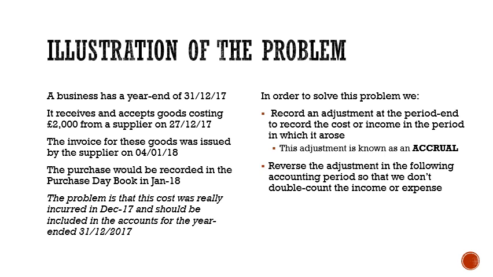If we don't do that, what will happen is that we'll end up double counting this cost, because we'll have included it in the year ended 31st of December 2017 via this accrual, but we'd also record it again via the purchase day book where the invoice is recorded in 2018. So hopefully that has illustrated the problem and the general way in which we're going to solve it.